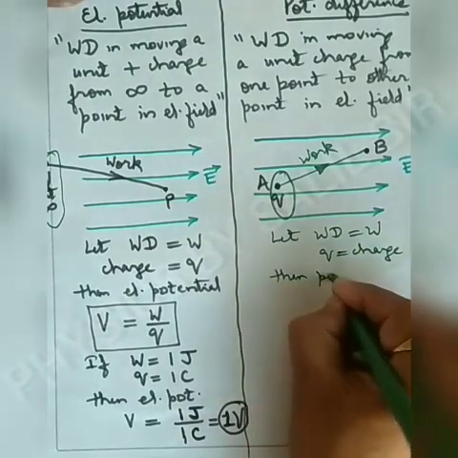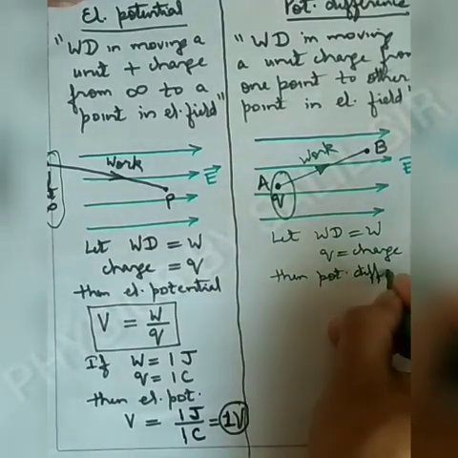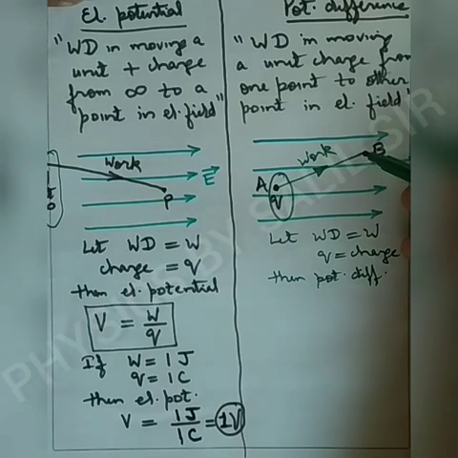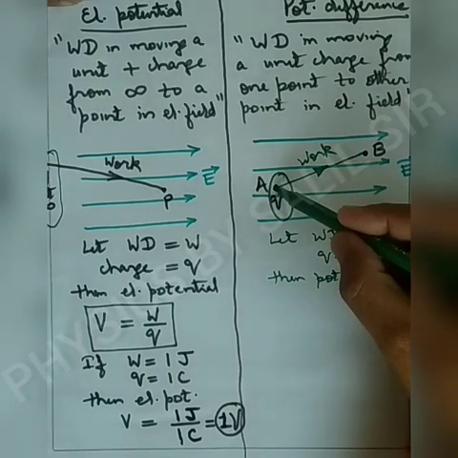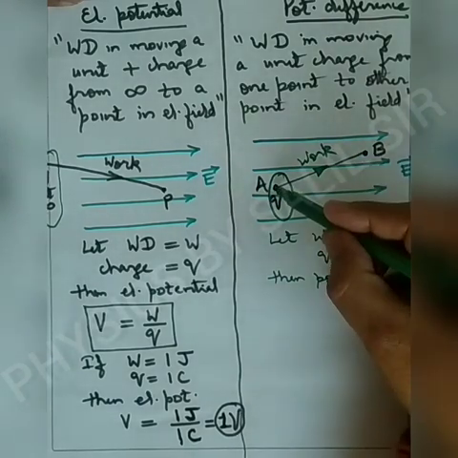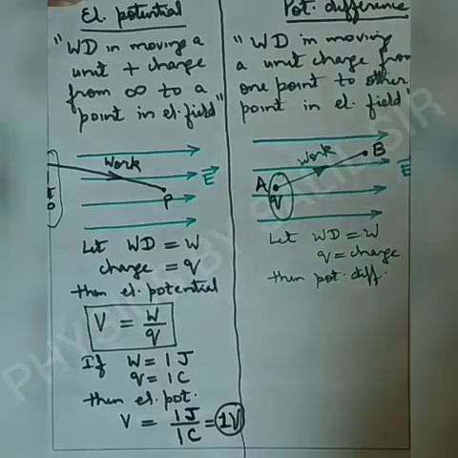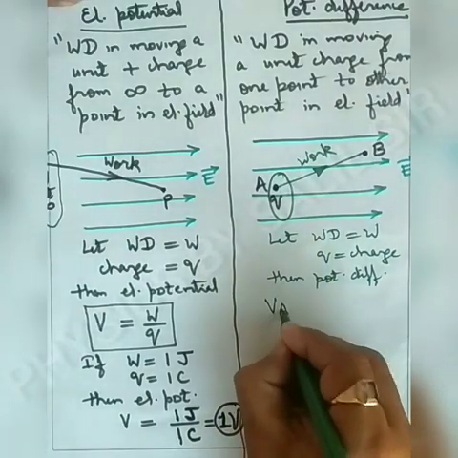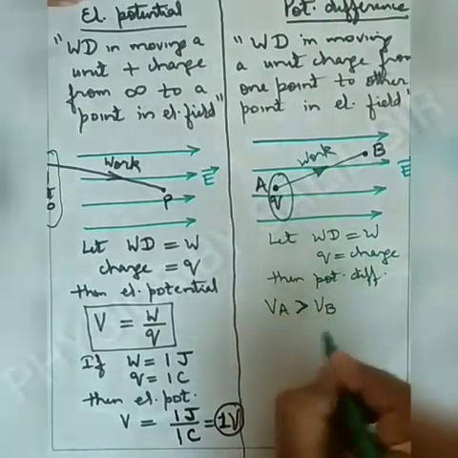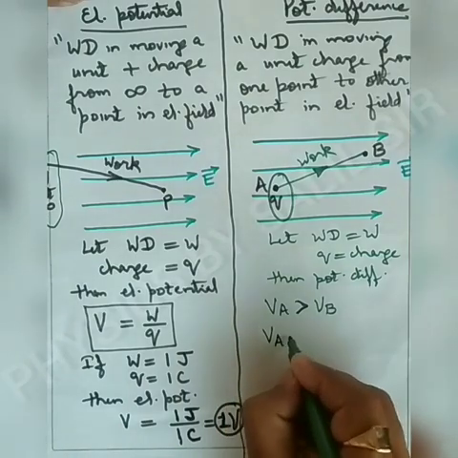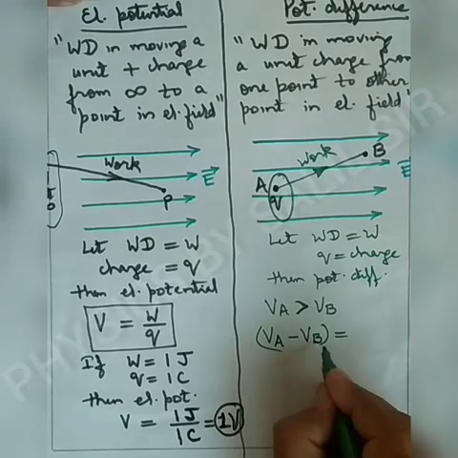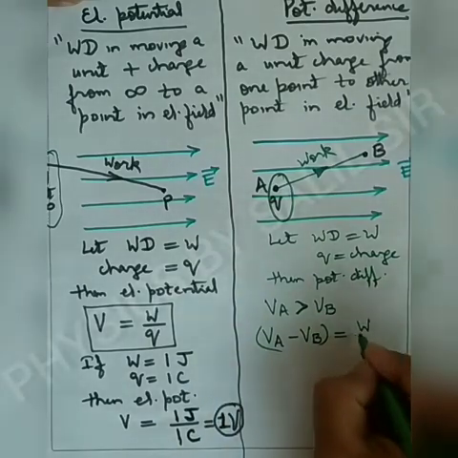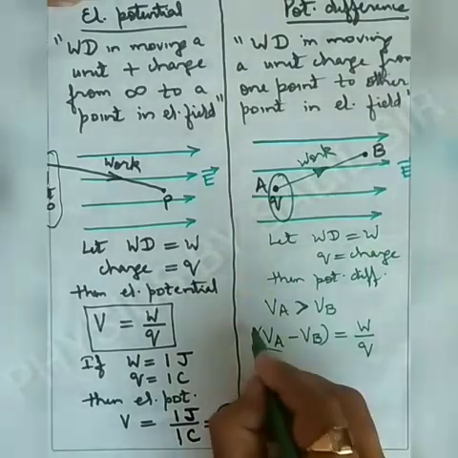Potential difference means the difference between the potentials at A and B. The charge is being transferred from A to B, so the potential of A is greater than the potential of B, VA is greater than VB. So the potential difference will be VA minus VB, because smaller is subtracted from greater. It will be equal to W upon Q.